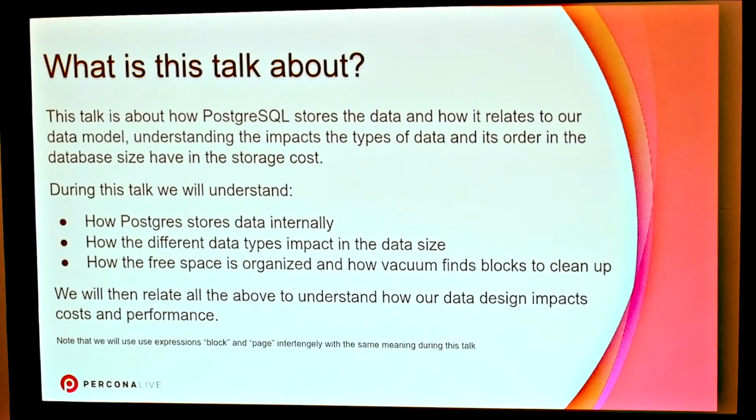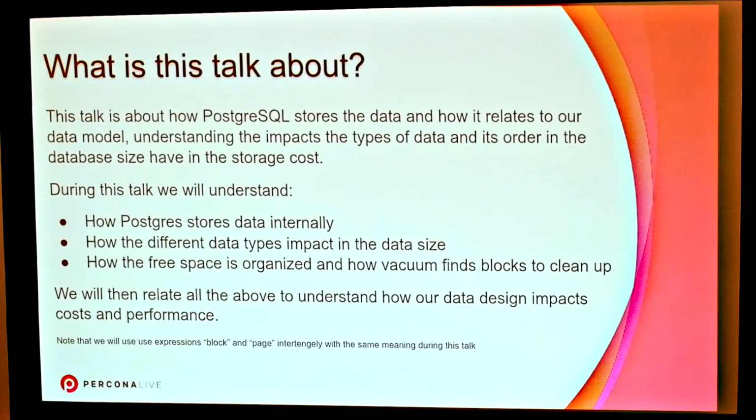Here we're more talking about how it stores internally. We're not talking about code here, how it's done in Postgres, but how it's organized, right? We're going to see the impact it makes, and we're going to see how that magic happens.